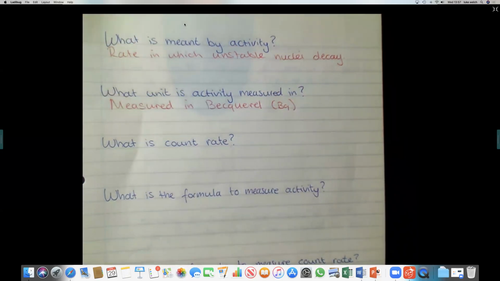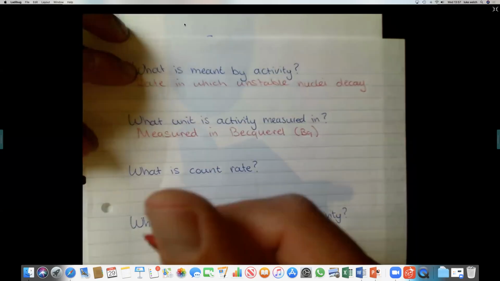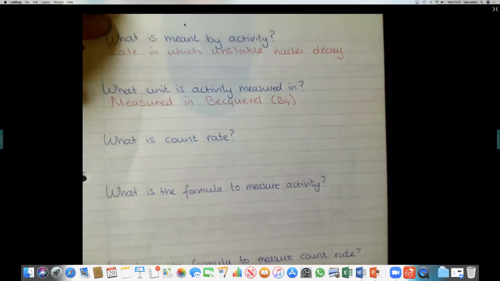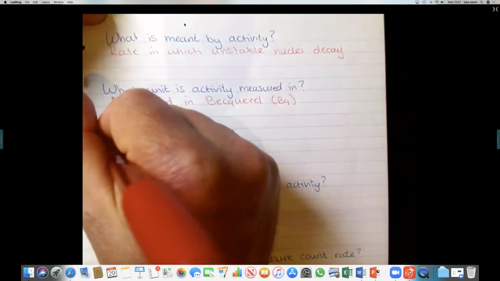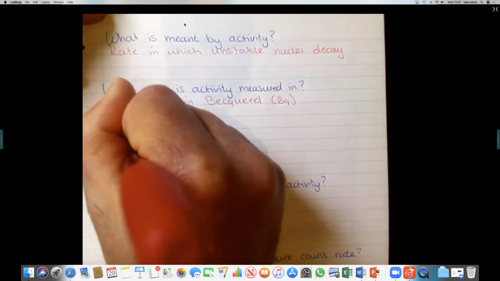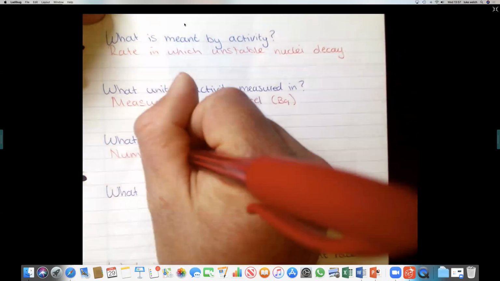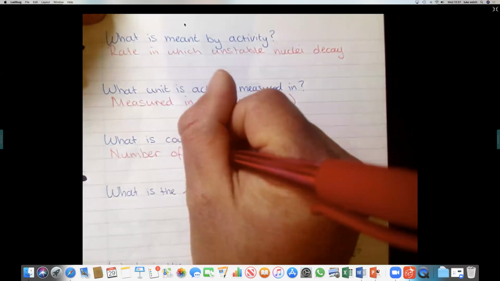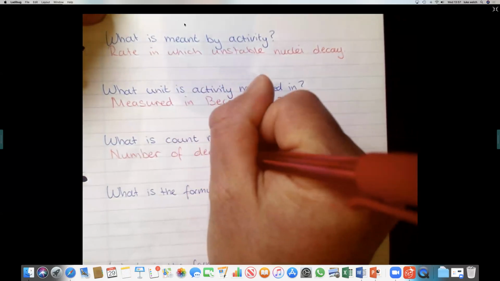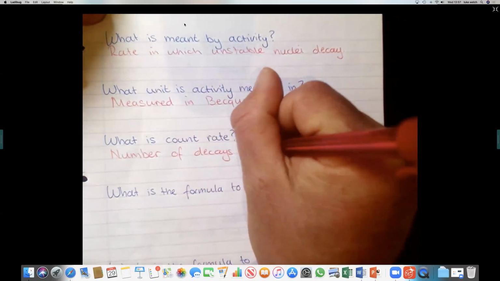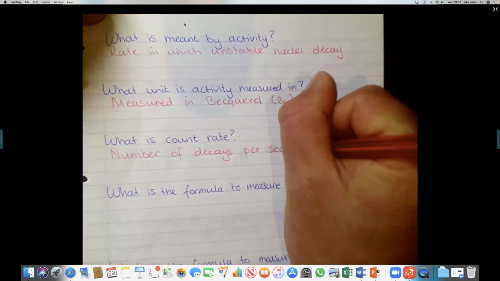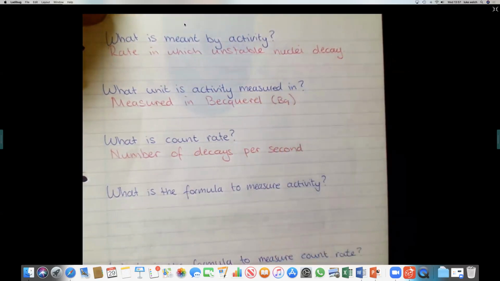Now we also look at something called count rate. Okay, and count rate is the number of decays per second.